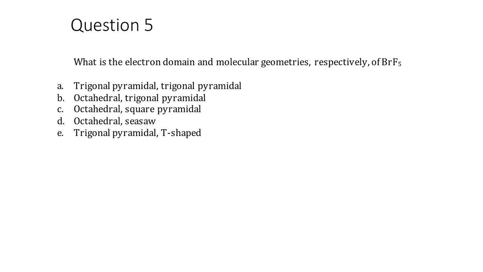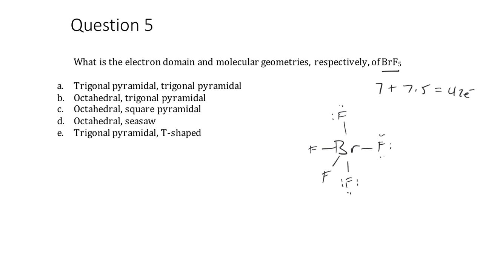Question 5. What are the electron domain geometry and molecular geometry of BrF5? For BrF5, I have 7 valence electrons for bromine, 7 times 5 for the fluorines. That's a total of 42 valence electrons. So I have my central bromine. I put my fluorines on, attaching them to 5 of the positions around bromine, with lone pairs around each.